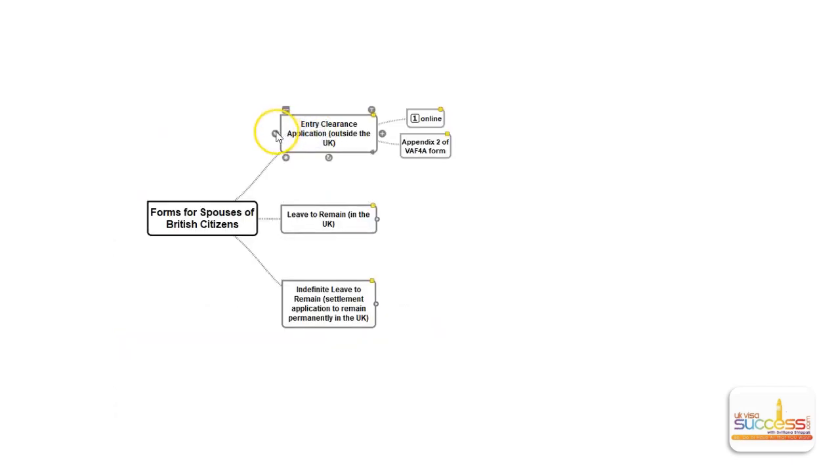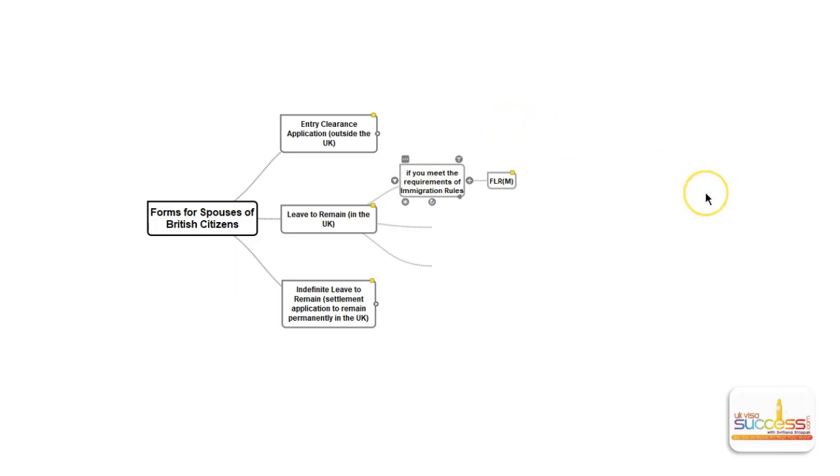Okay, moving on to the application made in the UK, known as further leave to remain application. There are two possible case scenarios here. If you know that you meet all the necessary requirements of your application, then you need to complete the form which is known as FLRM form, which stands for further leave to remain marriage. If you do not meet the requirements, for example, if you do not meet the minimum income requirement, if you do not meet the financial requirements for your application, then the form to complete is FLR(FP) form, where FP stands for family and private life.